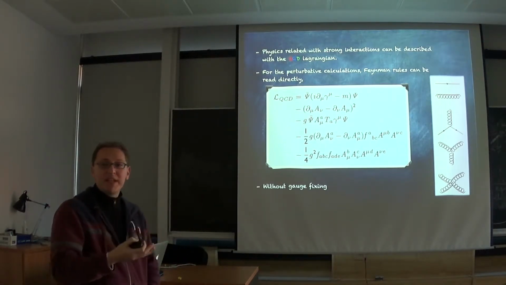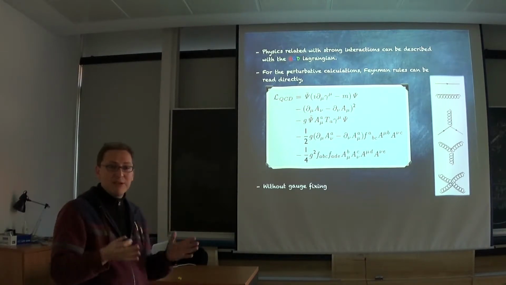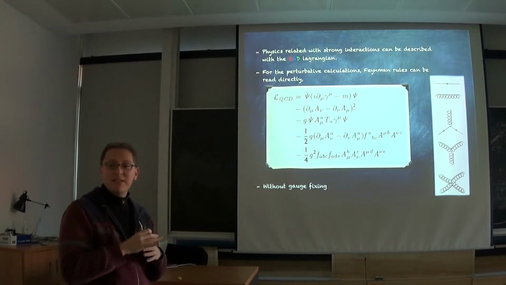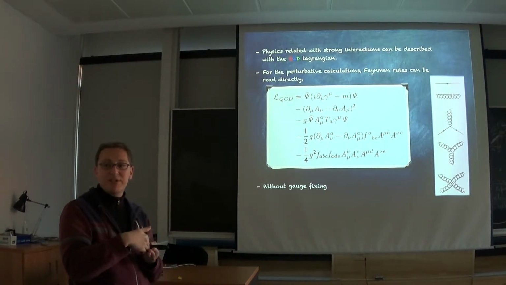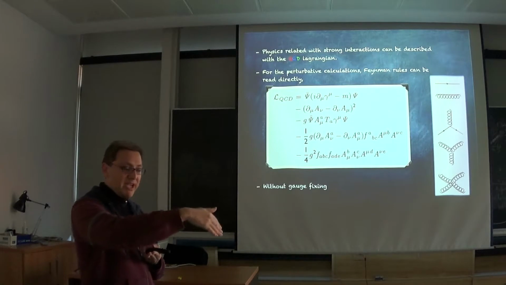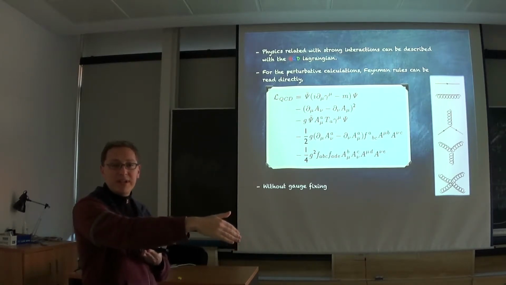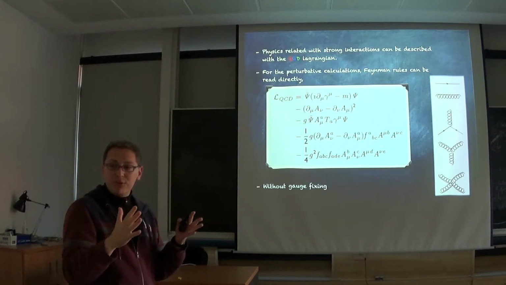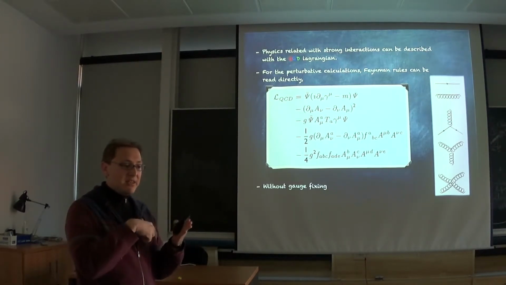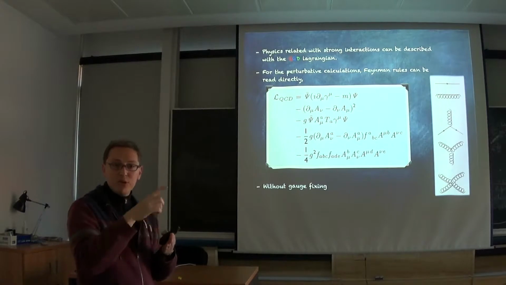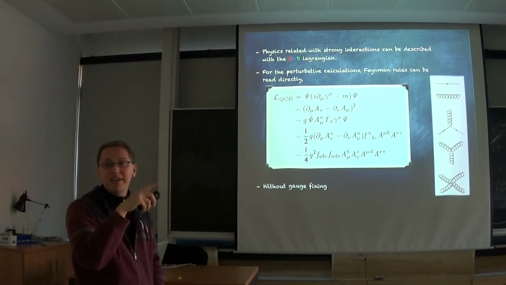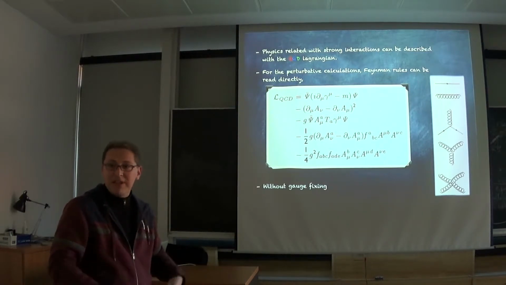Remember that when you study Peskin or whatever book of quantum field theory, you say, okay, I'm going to start with one particle at this point, and it's going to propagate, and I'm going to annihilate it at the other point. And then in this bracket you have the evolution operator. The evolution operator here will be the exponential of minus i over h bar times the Hamiltonian, like classical mechanics.